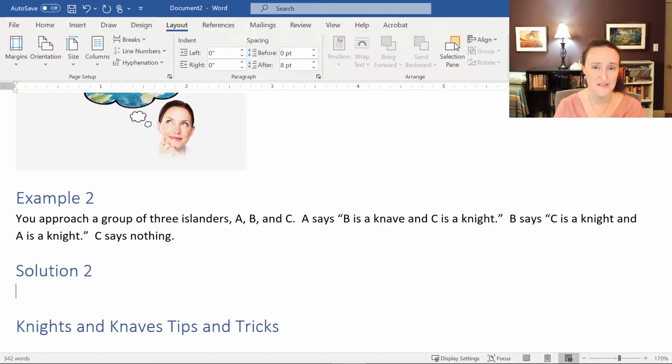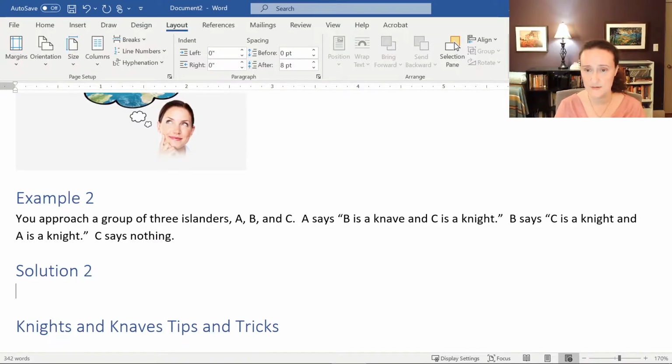But if you have an or statement to work with, that really doesn't tell you very much, because you don't know which part is supposed to be true, right? You don't know whether the first part is supposed to be true, the second part, or both parts. So you really want to make guesses where you get an and statement right away to work with. A good guess in this case would be either that A is a knight or that B is a knight. So I'm going to go ahead and guess that B is a knight.